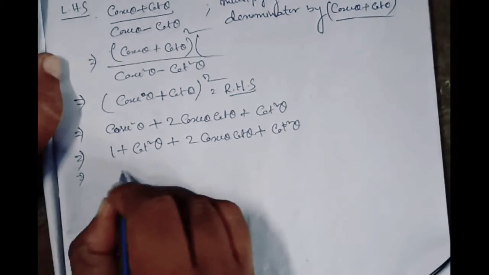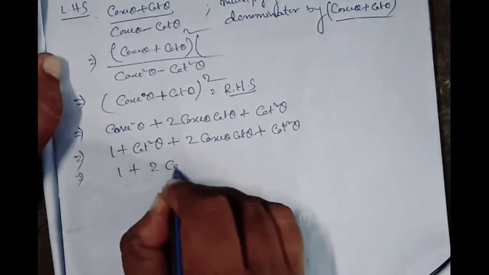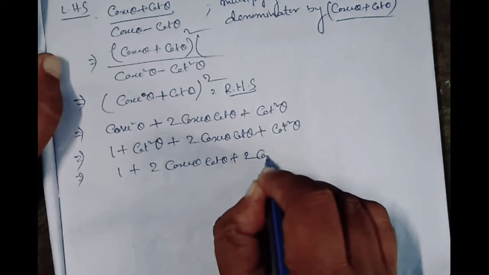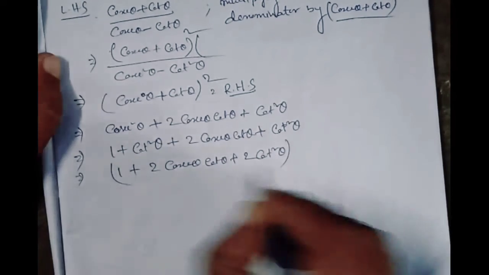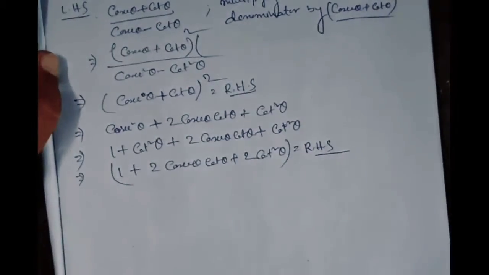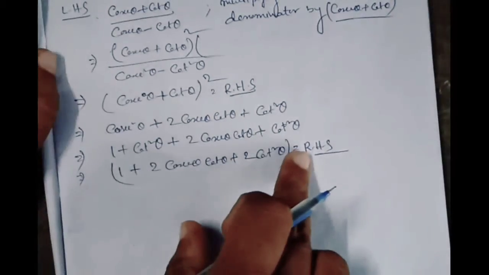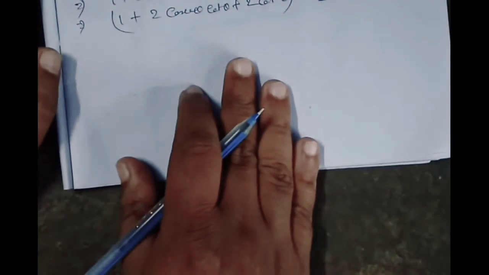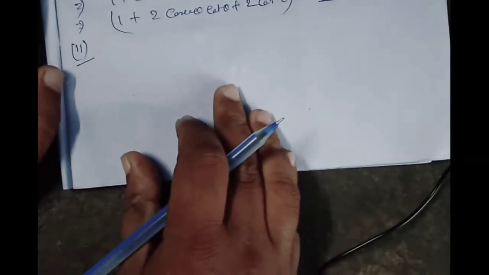So 1 plus 2 cosec theta cot theta plus 2 cot square theta equals the other RHS. So LHS equals RHS, both RHS are proved. Next, move to the other question. Question number 2 of 26 is quite similar, so you should try it yourself.